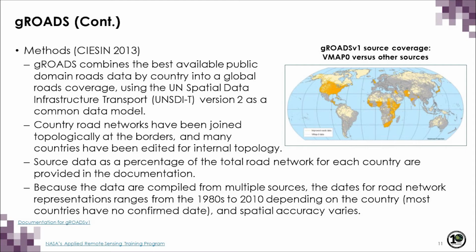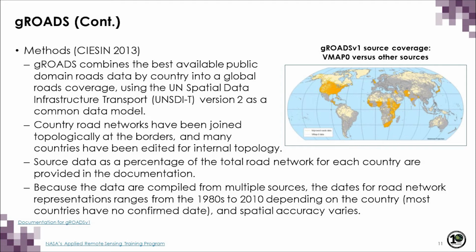The source data as a percentage of the total road network for each country are also provided in the documentation. An example is the map on the right that compares the availability of the map versus other sources by country.